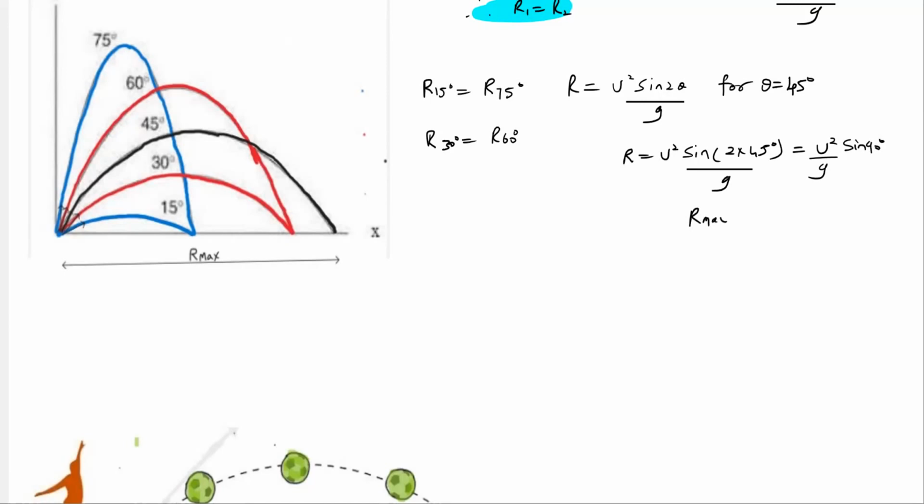Therefore, the maximum range will be u square by g. What about these other ranges? They will be different. And the maximum range will be for 45 degrees.